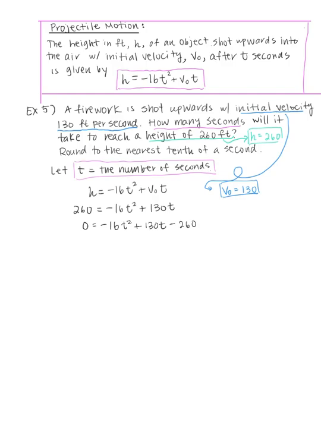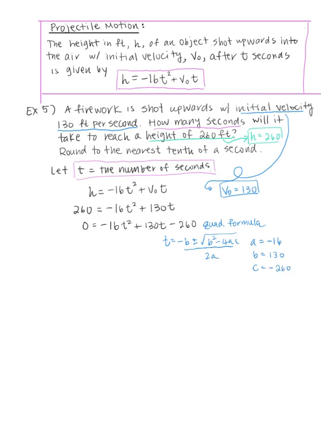So let me just write down the quadratic formula. Our t is going to be minus b plus or minus the square root of b squared minus 4ac, whole thing divided by 2a, where a is negative 16, b is 130, and c is minus 260.